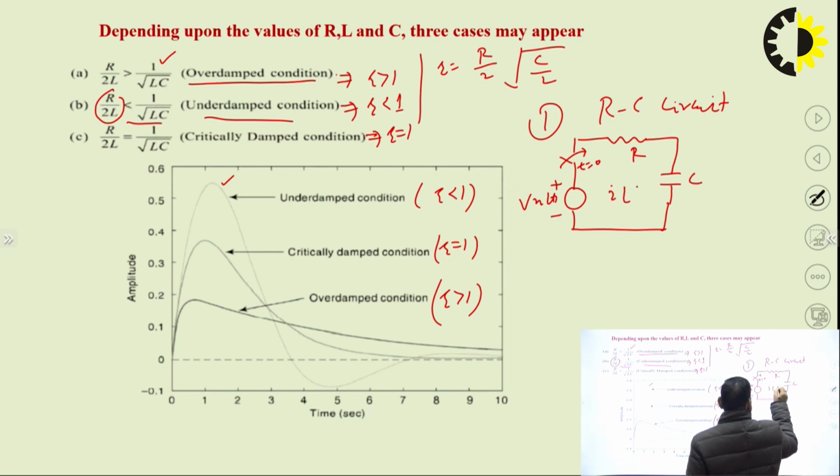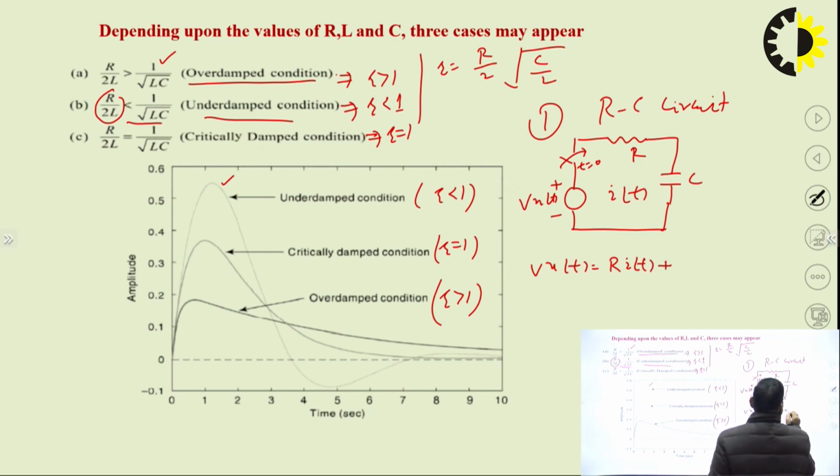So this is your i(t). We can write the expression for V(t) as V(t) is equal to R i(t) plus 1 by C integral from 0 to t of i(t) dt.